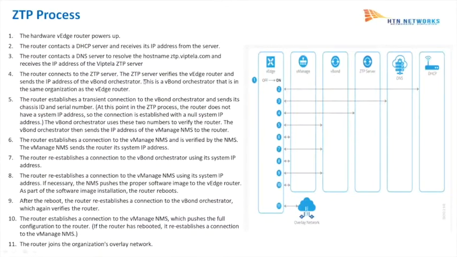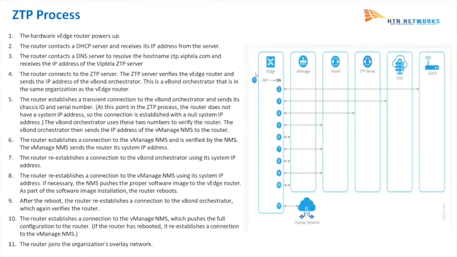The ZTP server verifies the vEdge router and sends the IP address of the vBond orchestrator. At that point, the vEdge router doesn't go directly to the vBond. It goes to the ZTP server, and the ZTP server sends it to the vBond orchestrator.